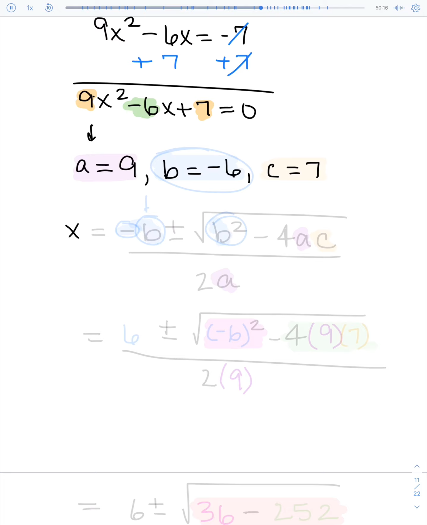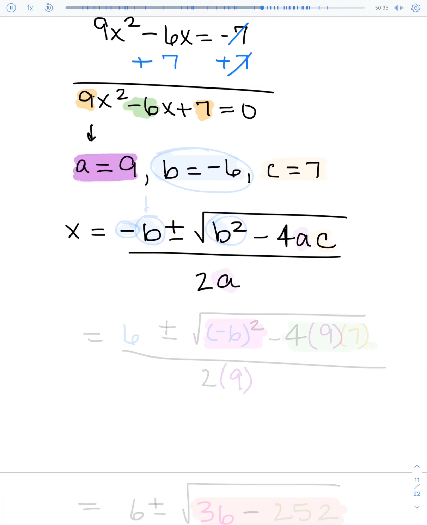The formula, however, is x equals negative b plus or minus the square root of b squared minus 4ac all over 2a. So let's go ahead and fill in all of our a's, b's, and c's. So we've got our a is 9. That's going to go in 2 spots.